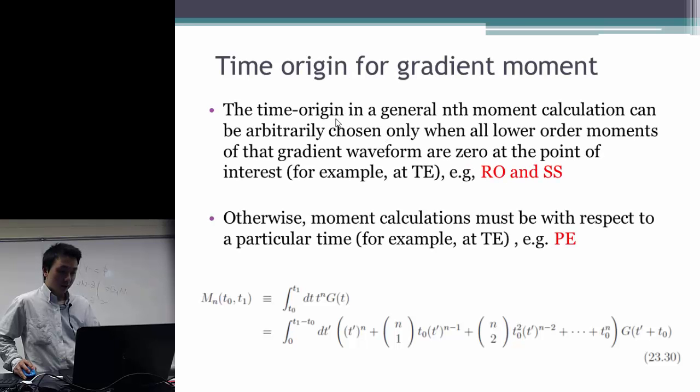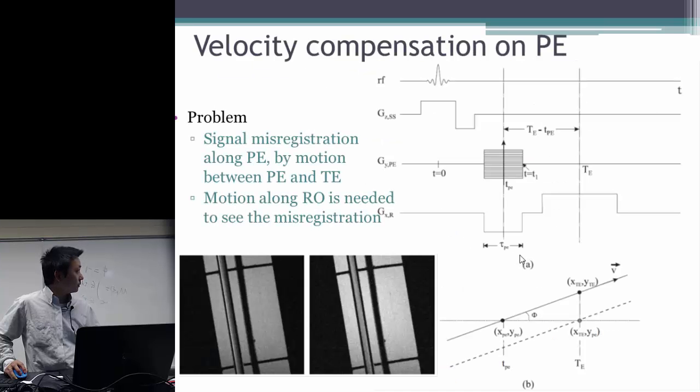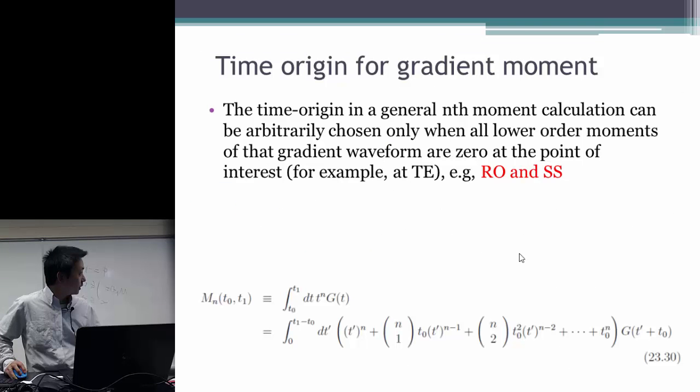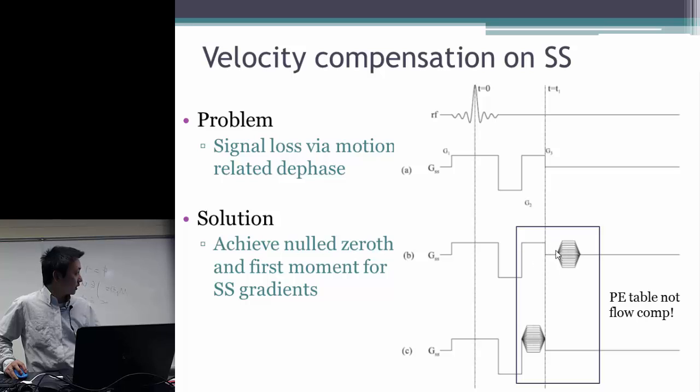But it is a little bit different for the phase encoding. For phase encoding, we have a non-zero zeroth moment, because we need to have a different phase encoding step, right, along here.